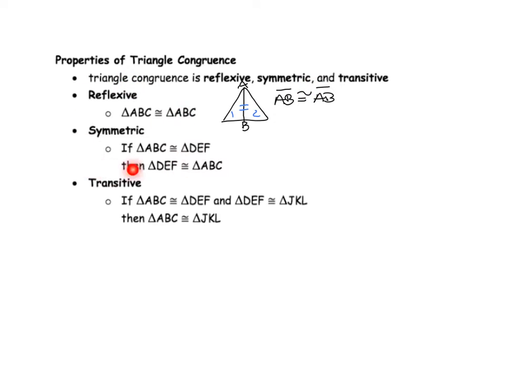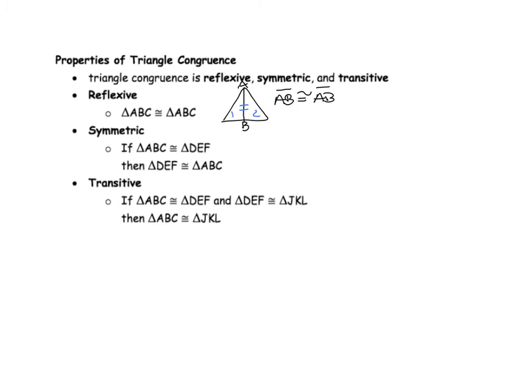Symmetric property. So we're referring to the pictures before, so you guys can look at those. If triangle ABC is congruent to DEF, then we can obviously switch the order and say that triangle DEF is congruent to triangle ABC. Okay, so that's symmetric. And then the transitive property.